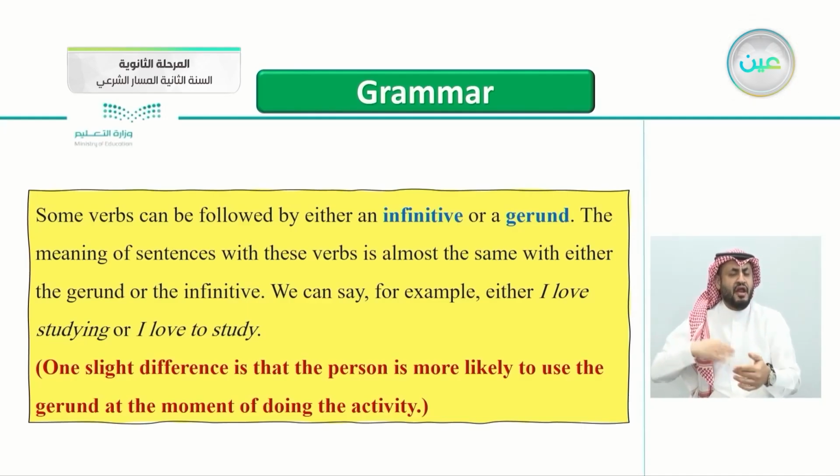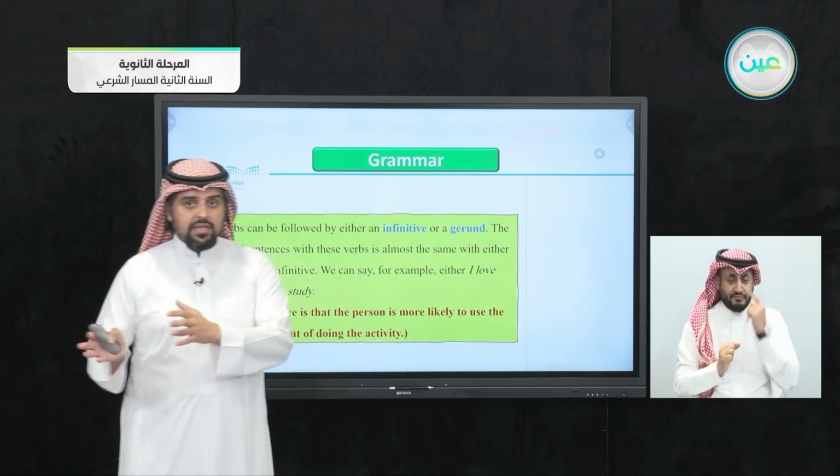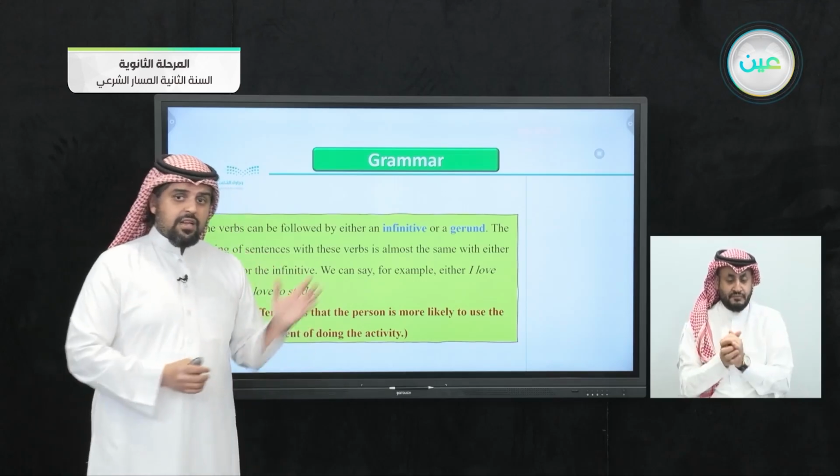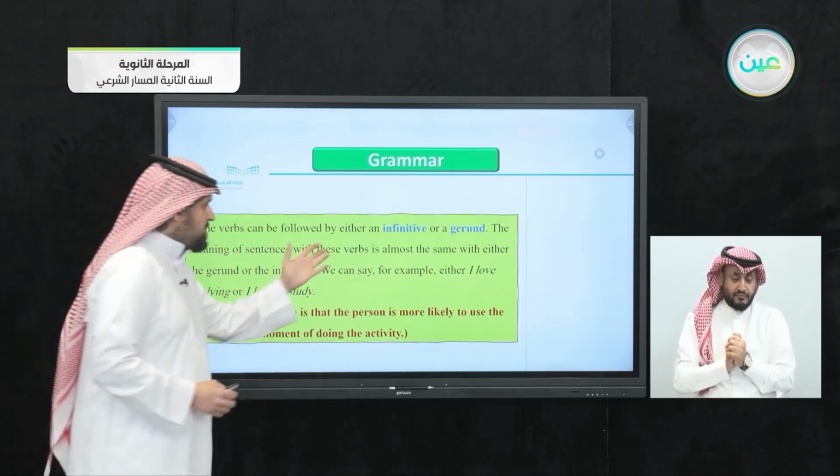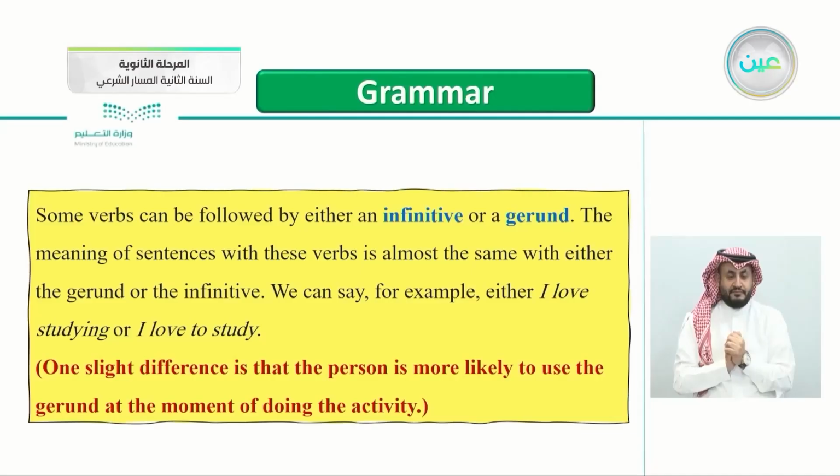So some verbs that can come with the gerund or the infinitive, like love or hate, are almost similar in meaning. One slight difference is that the person is more likely to use the gerund at the moment of doing the activity.